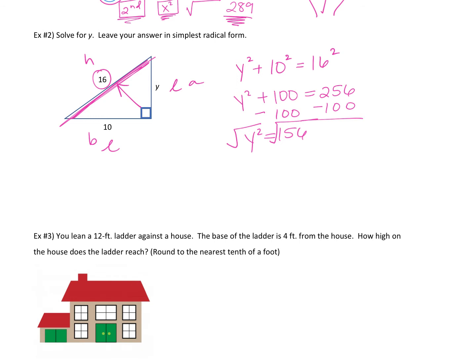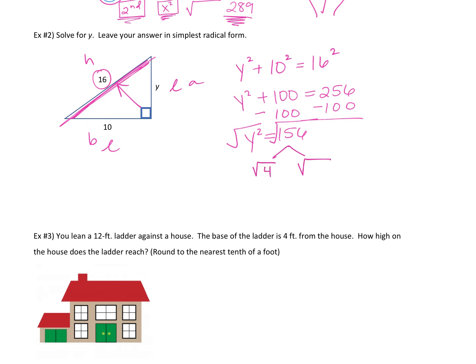So when it's not a perfect square, then you have to do simplest radical form. So we need to break this down into a perfect square and a not so perfect square that 156 is divisible by. So plug it into your calculator. 156 divided by 36. 156 divided by, try all the numbers that you think might work. What you'll notice is the first one that works is actually 4.